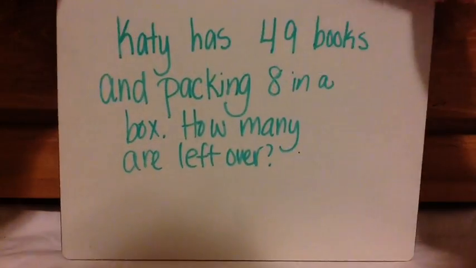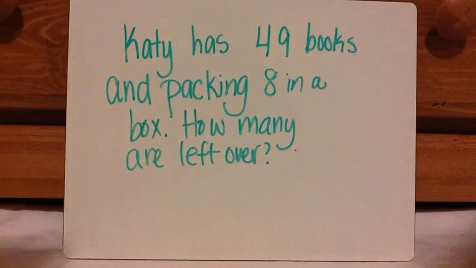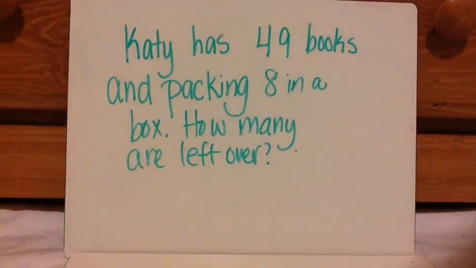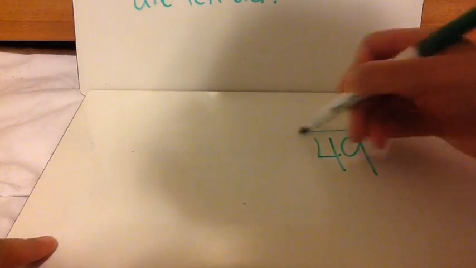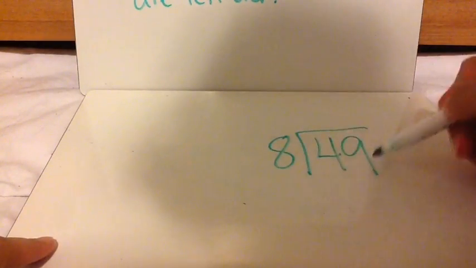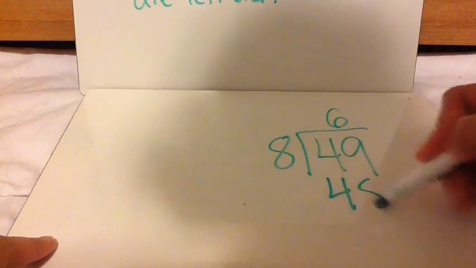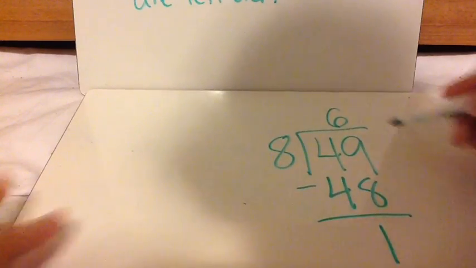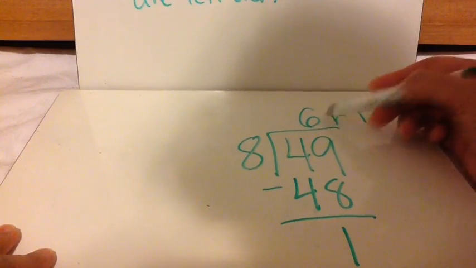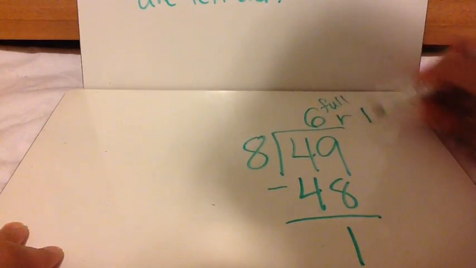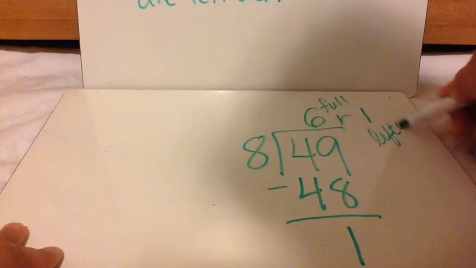Let's look at another type of question. Katie has 49 books and packing 8 in a box. How many are left over? So you would do the division. 49 divided by 8. 8 goes into 49 6 times. 8 times 6 is 48. 1 left over. So that means 6 full boxes, 1 book will be left over.